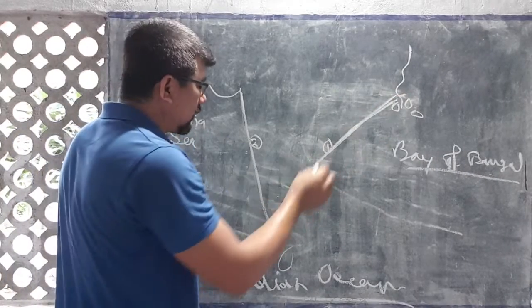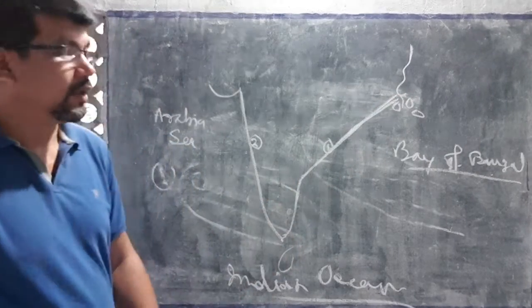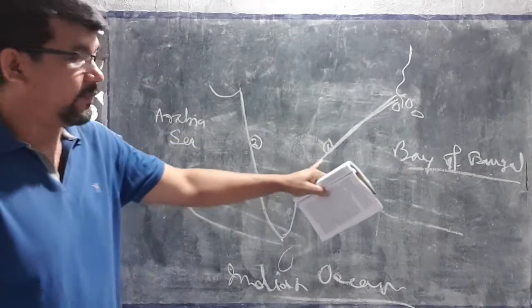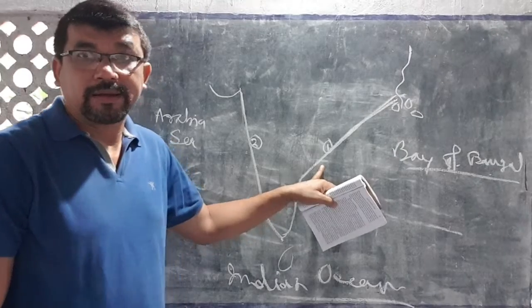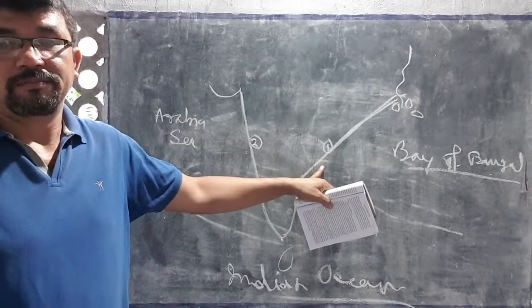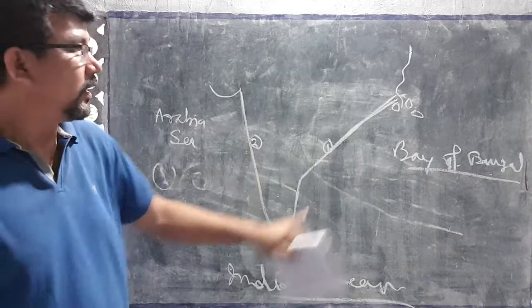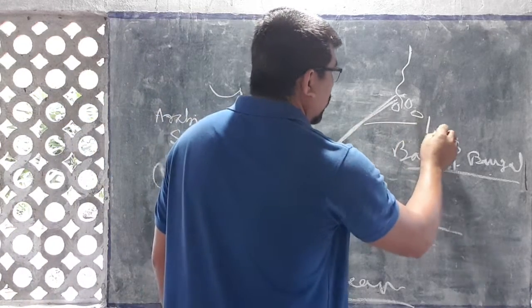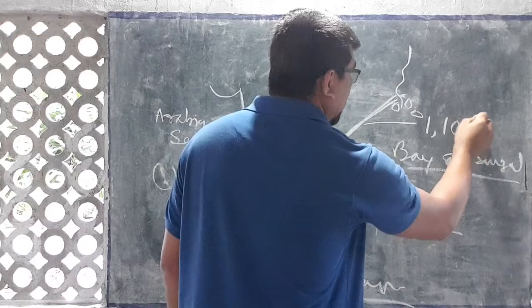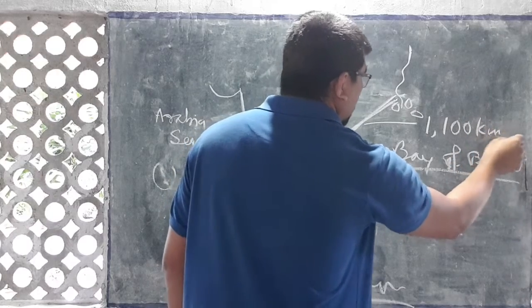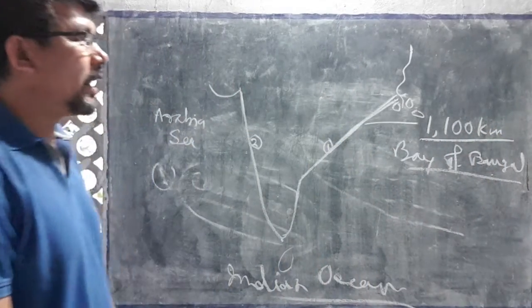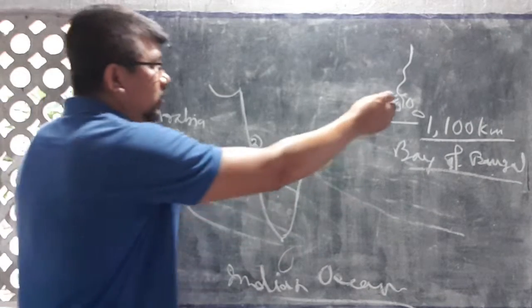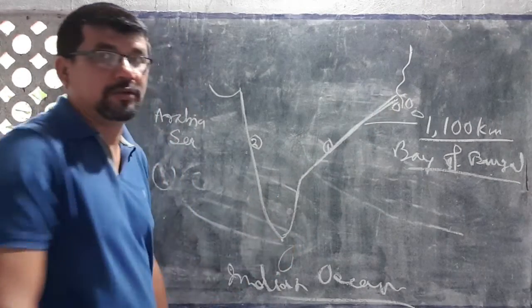From the Ganga Delta to Cape Comorin, the region is found as the eastern coastal region. Its length is how much? 1,100 kilometers.